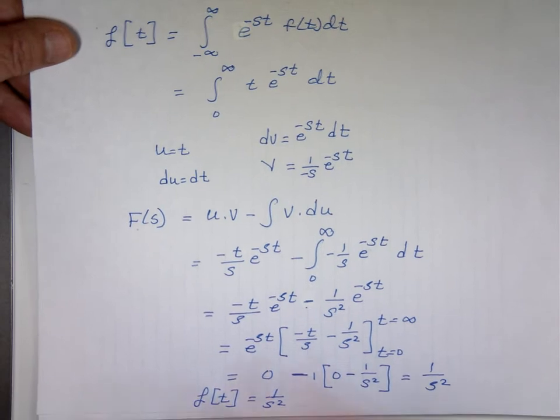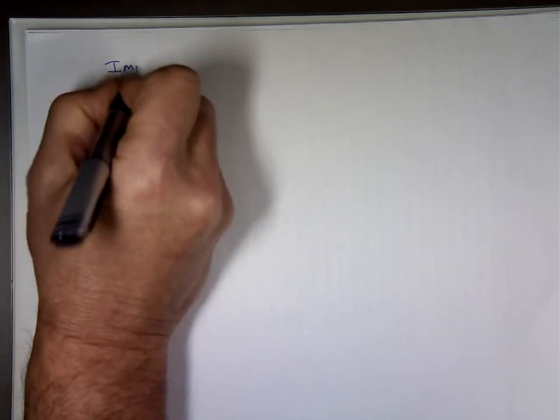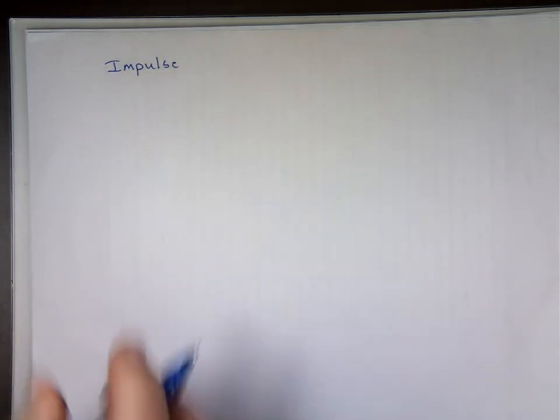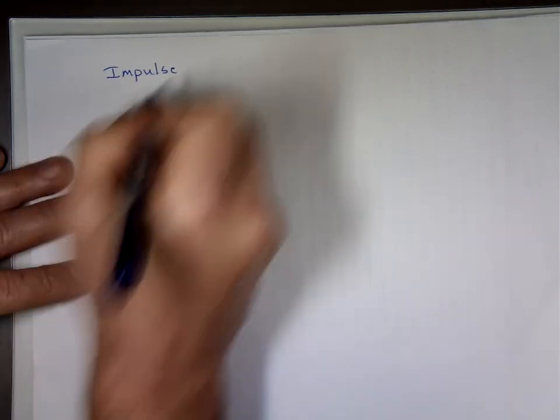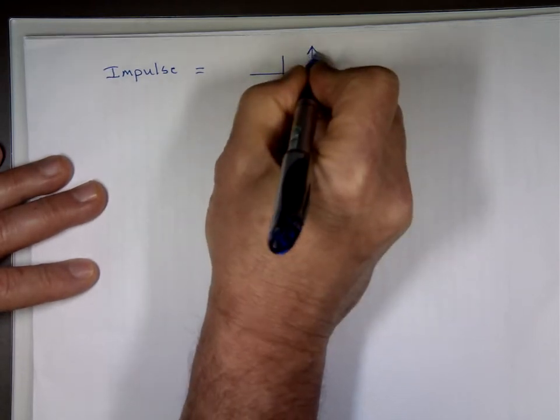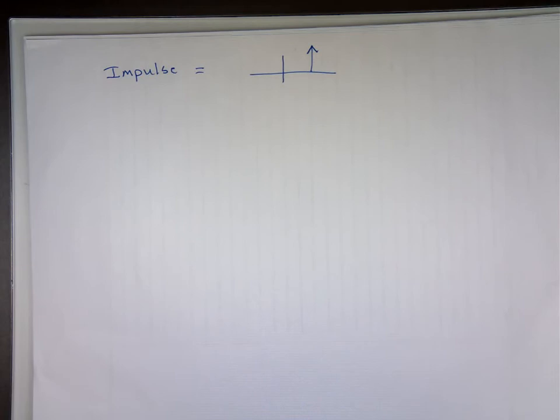The one thing I want to add to that list before I show you the table is the impulse. An impulse is a function that looks like this. It has a spike in zero time.